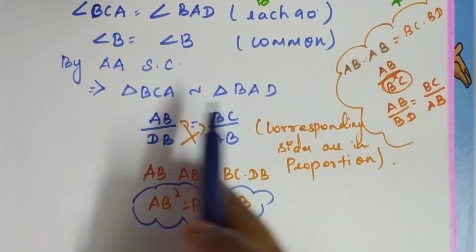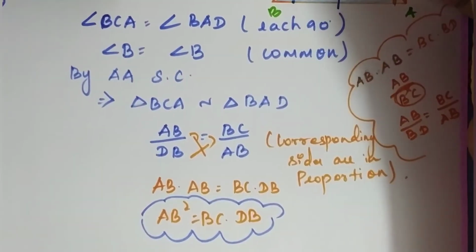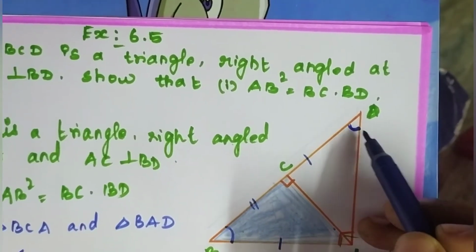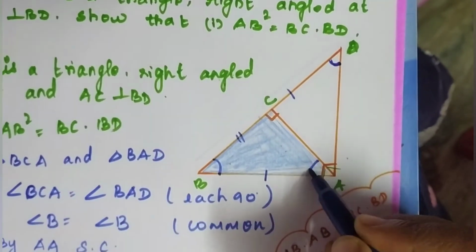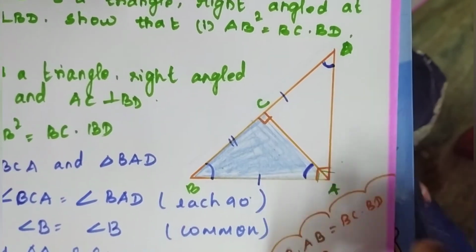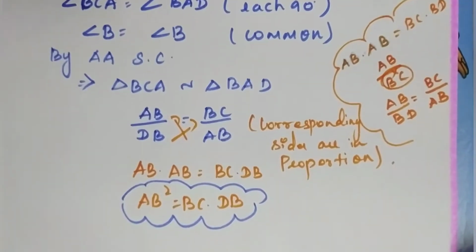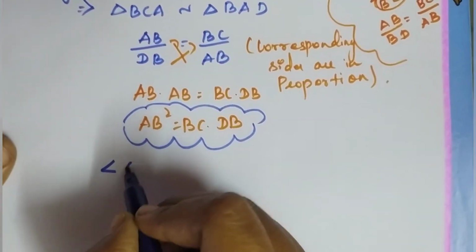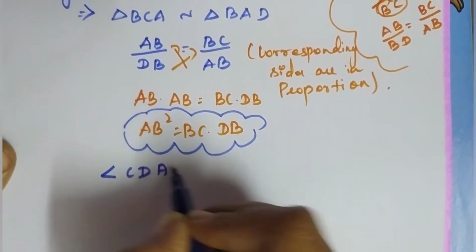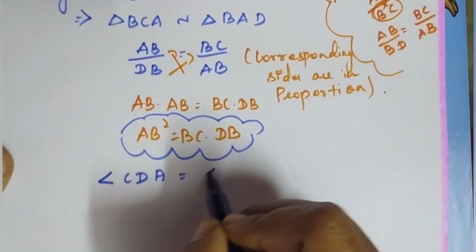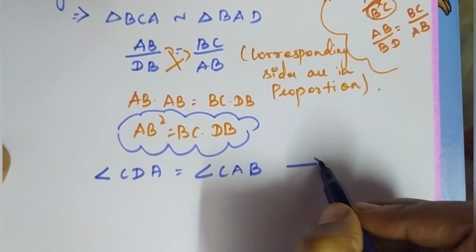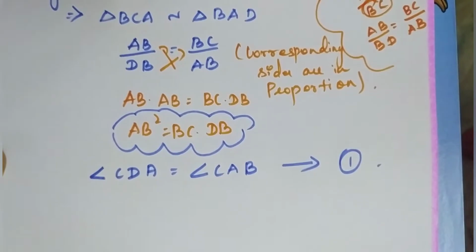Since the two triangles are similar, I can tell that this angle of the second triangle and this angle of the first triangle are equal. CDA is equal to CAB. Mark this as 1.